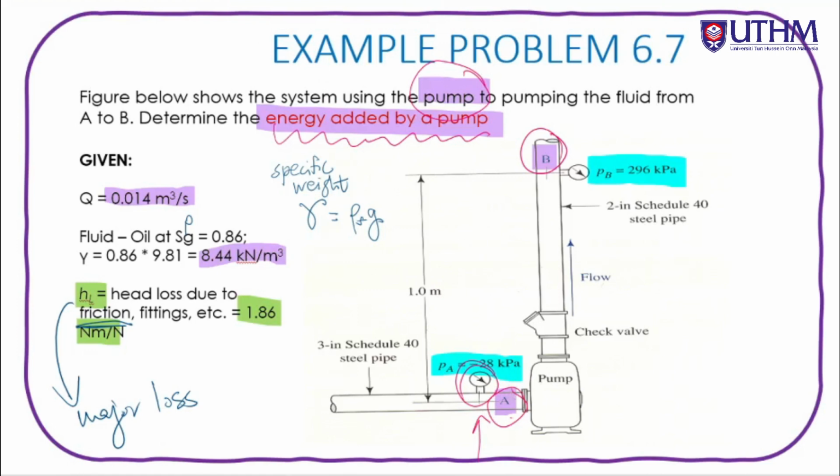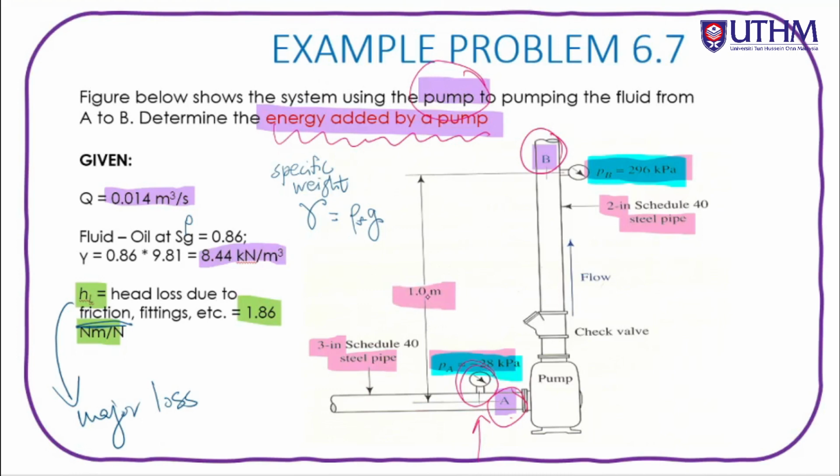Okay, so this is all the information given, which can be seen in the picture here or in the figure here. PA equals to minus 28 kilopascal, PB equals to 296 kilopascal, and then there is a 2-inch steel pipe here, and then sini 3-inch steel pipe, and the elevation difference between ZA and ZB adalah 1 meter.